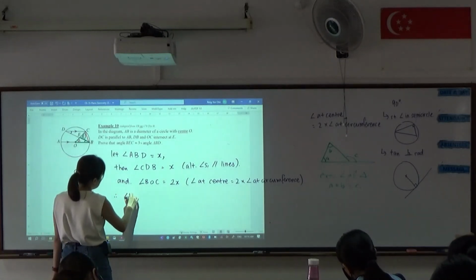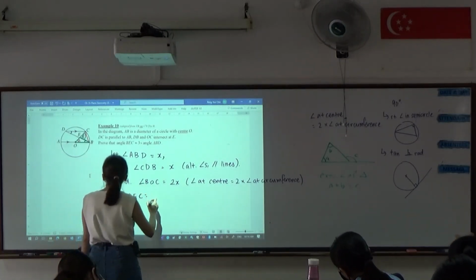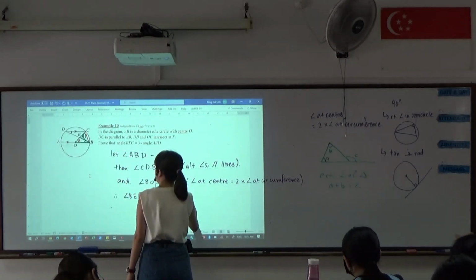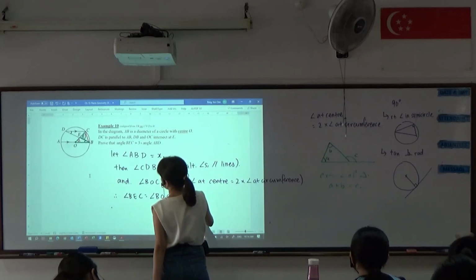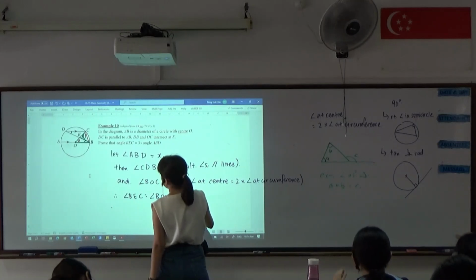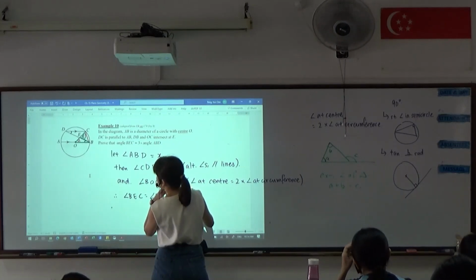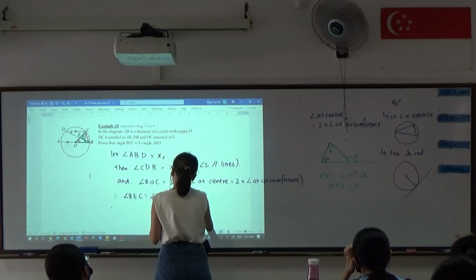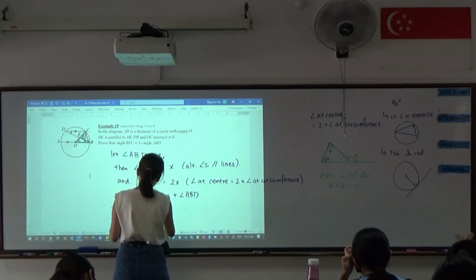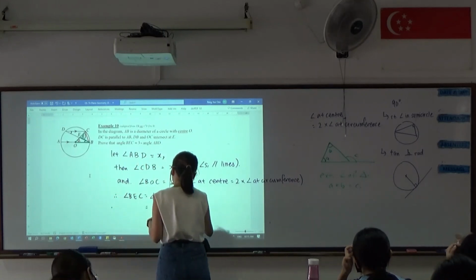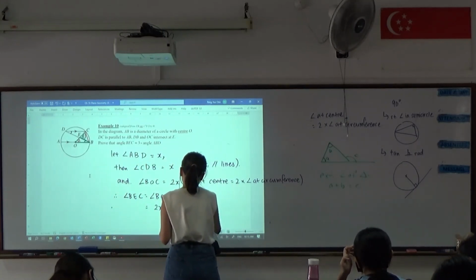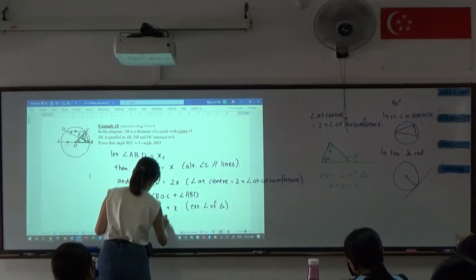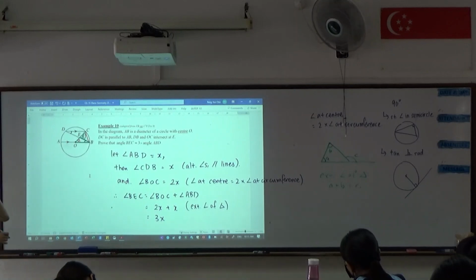And therefore, angle BEC equals to angle BOC plus angle ABD equals to 2x plus x. And that is equals to 3x.